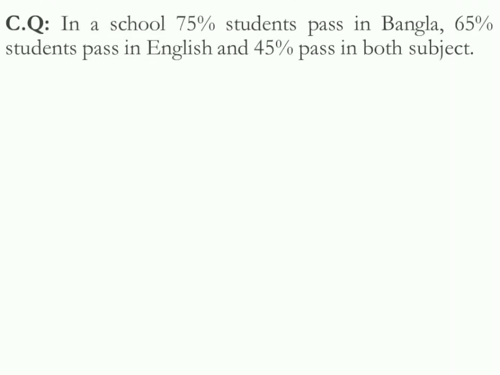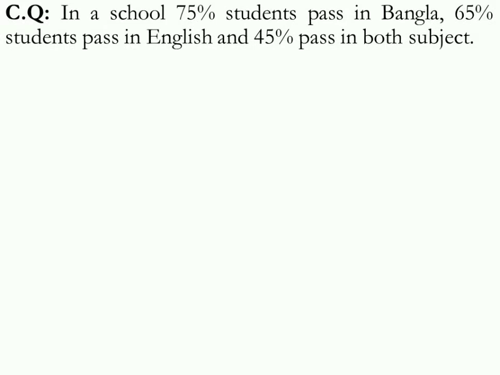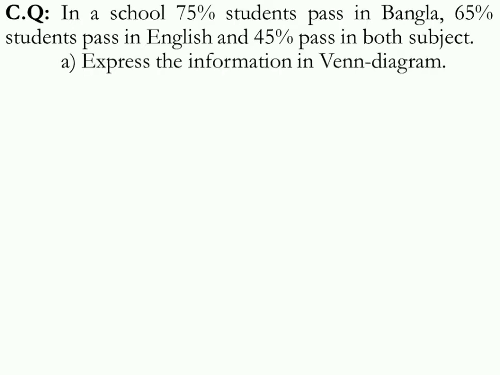At first, let us see one creative question. In a school, 75% students pass in Bangla, 65% students pass in English, and 45% pass in both subjects. Now let us see the question. Express the information in a Venn diagram. We know Venn diagram means to express all the information in a picture, like circle and rectangle shape.